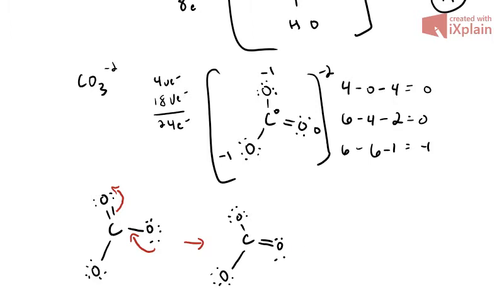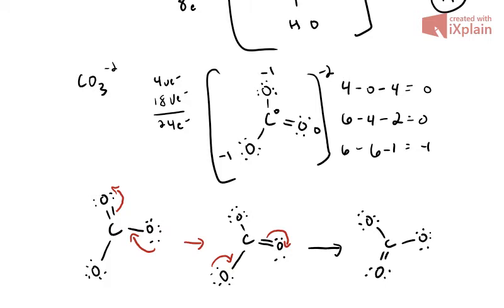Okay, and the same thing can happen again. What if this lone pair goes down to bond, and then now this bonded pair has to go up here? Okay, that would give us that molecule.